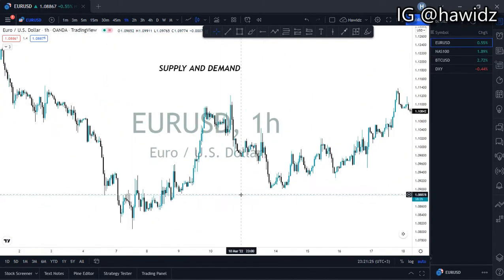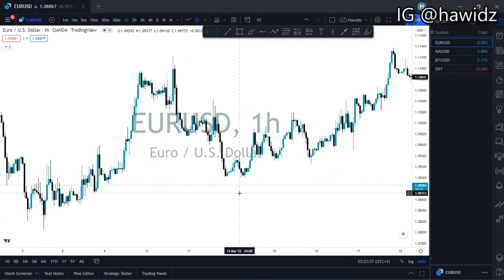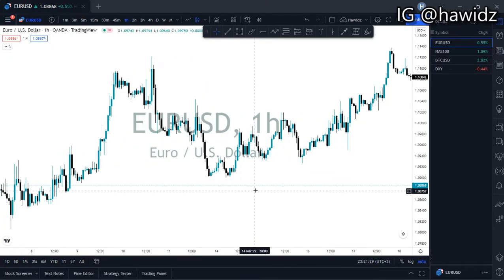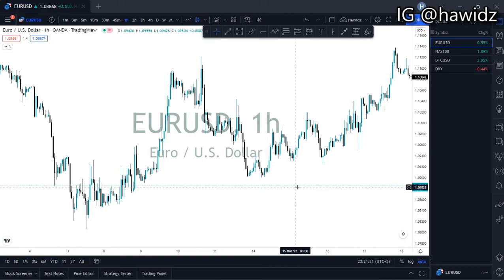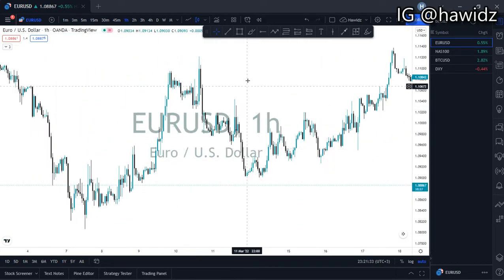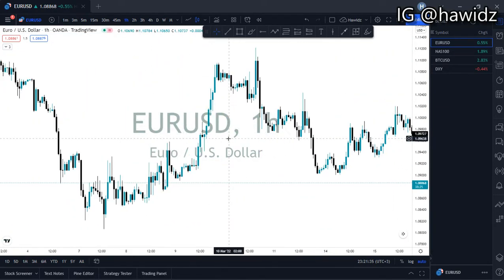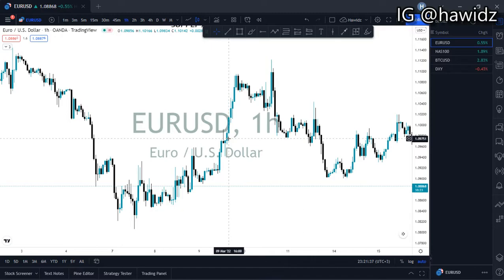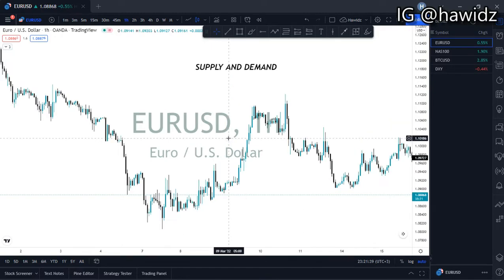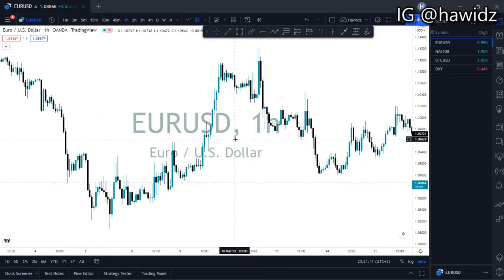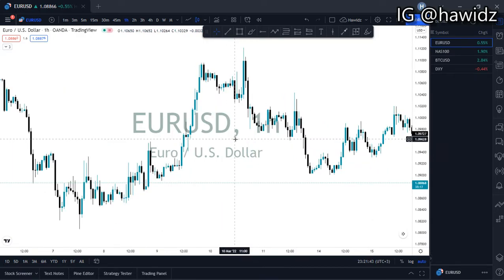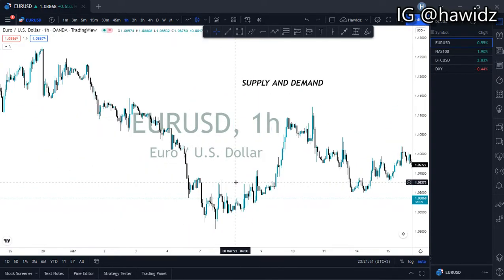In its overall simplicity, a supply zone or a demand zone can be simply illustrated by the last up move before the down move for the supply zone, and for the demand zone it's the last down move before the up move.